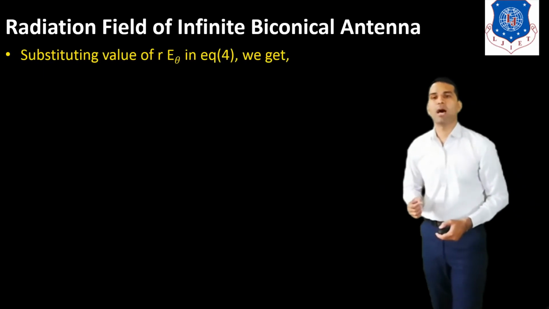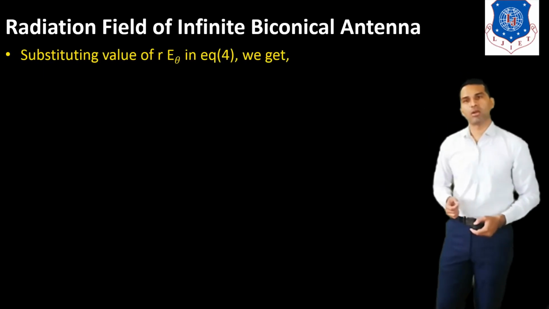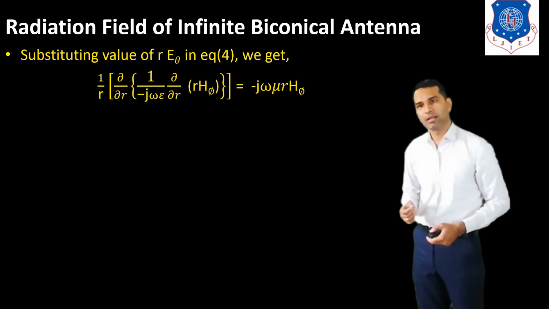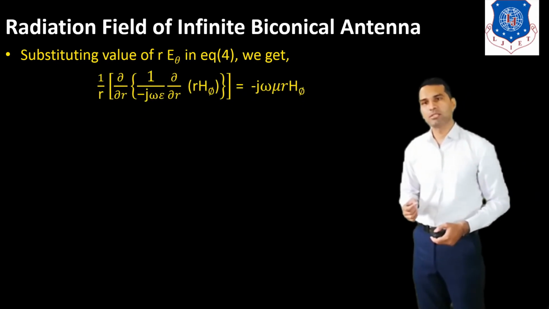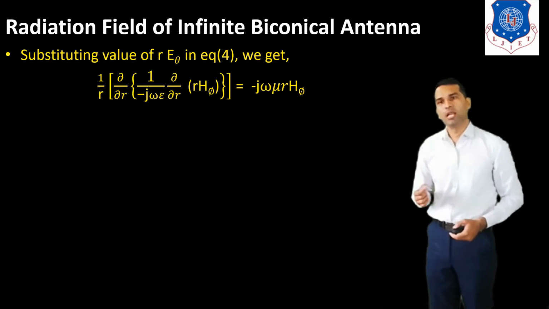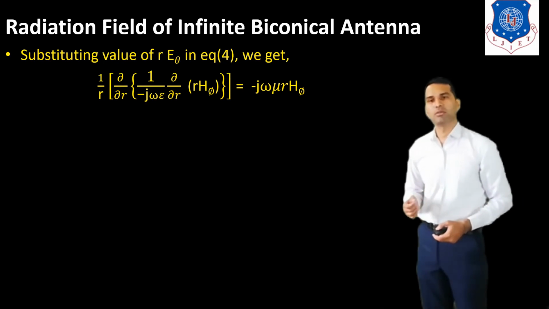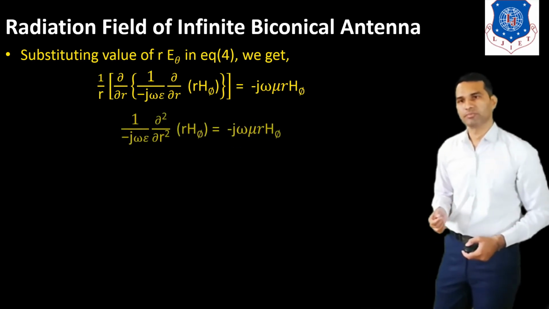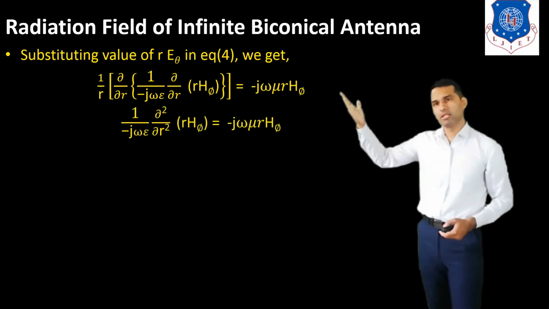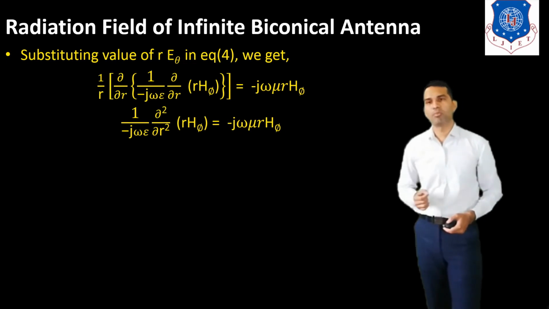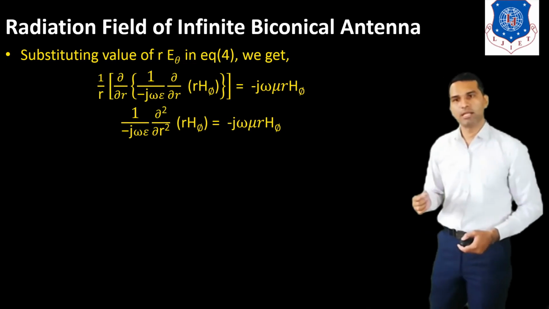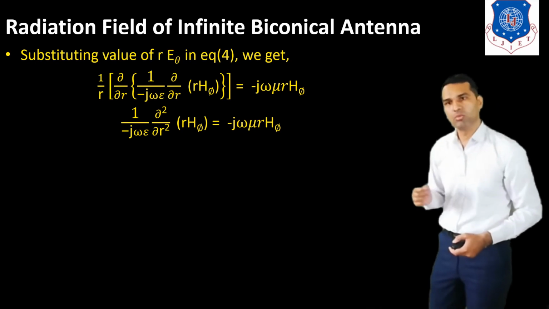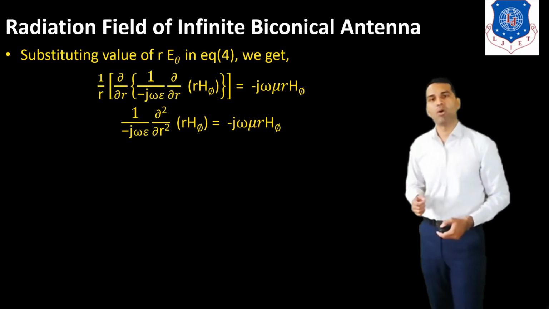Substituting the value of r E theta in equation number 4, we get 1 upon r del by del r 1 upon minus j omega epsilon del by del r H phi is equal to minus j omega mu r H phi. When we simplify this, we can write 1 upon j omega epsilon del square by del r square into r H phi is equal to minus j omega mu r H phi.